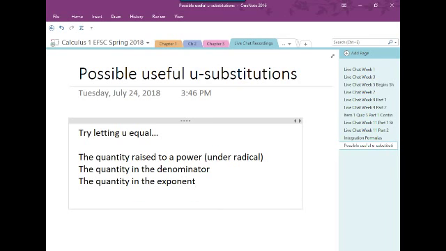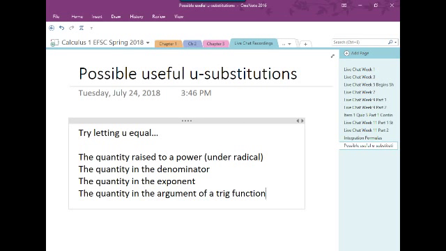Or a lot of times we might need to integrate a trigonometric function, but it doesn't have just an x in the argument. It has some complicated argument. So the quantity or function in the argument of a trig function is another common choice for our u-substitution.